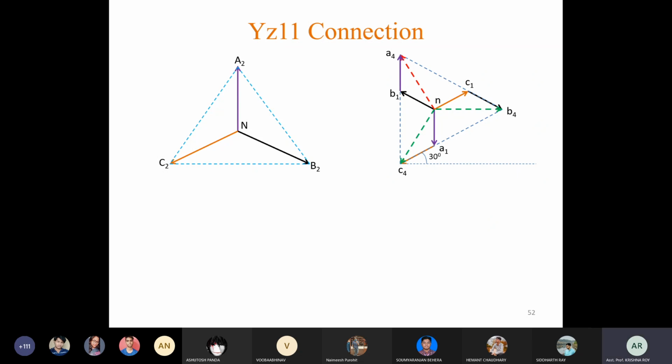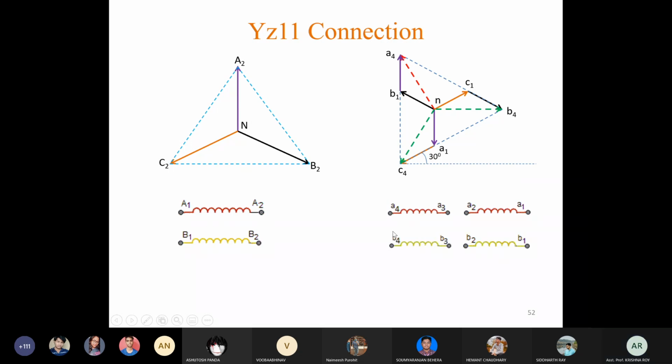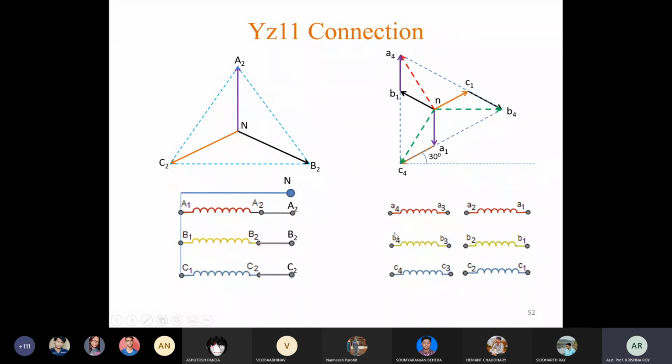So the connection diagram for primary side remains same. All the 1 terminals are shorted. Inputs are given to all the 2 terminals, and this is the neutral. In secondary side, all the 2 terminals are shorted.